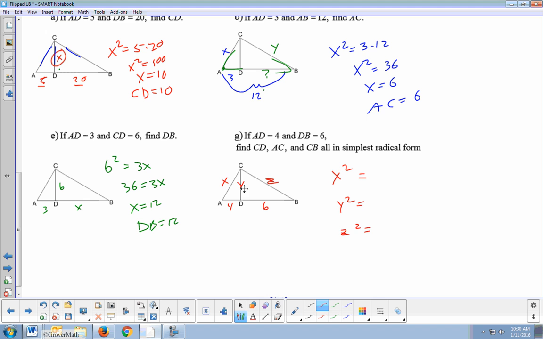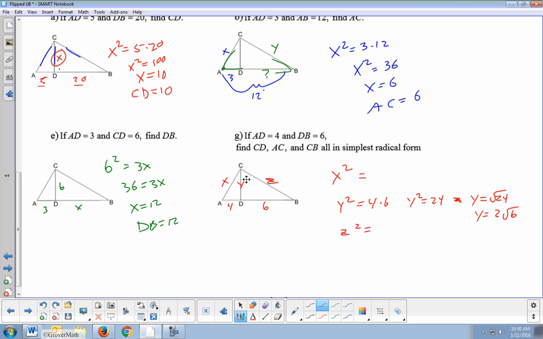So the easiest one is the middle, because that's just the two parts times each other. So 4 times 6, we get y squared equals 24. Y equals the square root of 24, which is 2 rad 6. I shouldn't have an equal sign there. And we'll talk about simplifying radicals in class too.